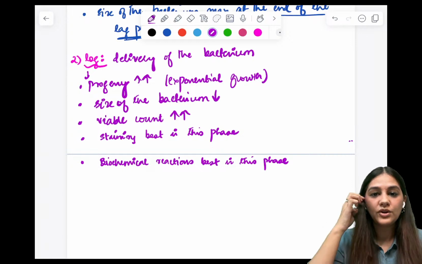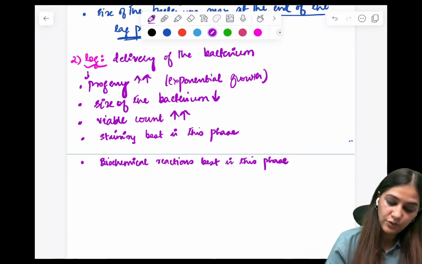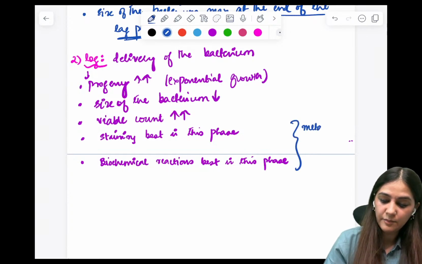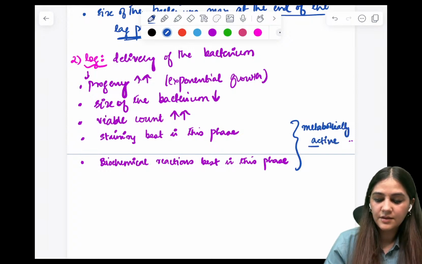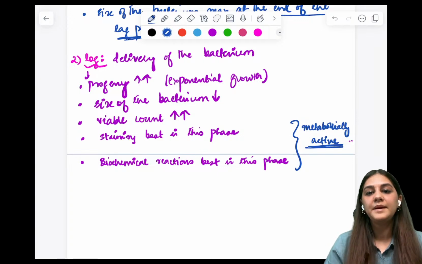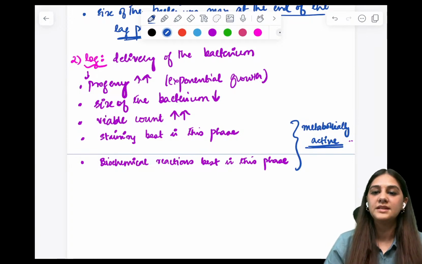Right? So what is going to happen here? We are going to say that the bacterium is metabolically active here. So the bacterium is maximally metabolically active also in this phase.